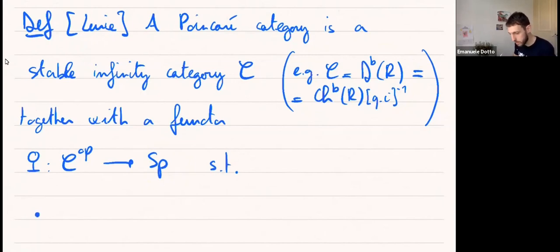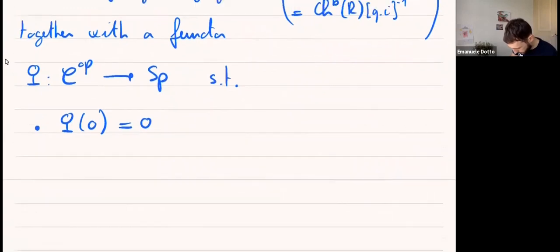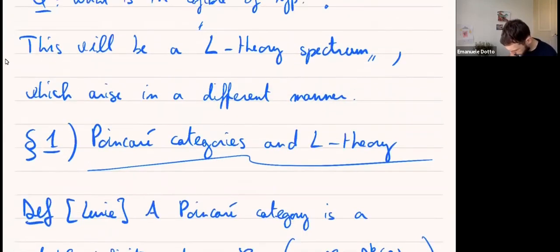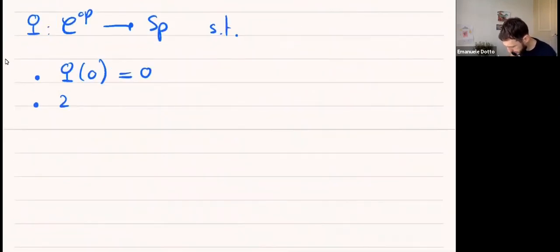So the first condition is that this functor is reduced. So it sends the zero object to the zero object. It is 2-excisive. Okay, this is in the sense of Goodwillie calculus of functors.